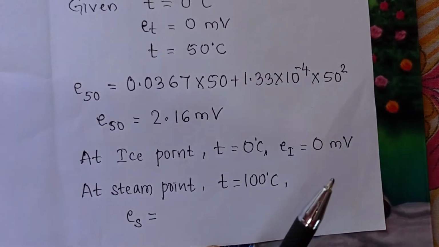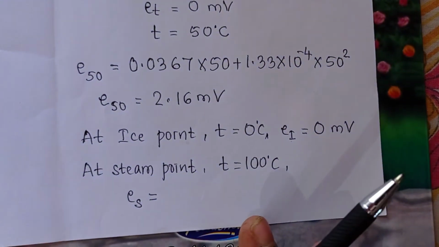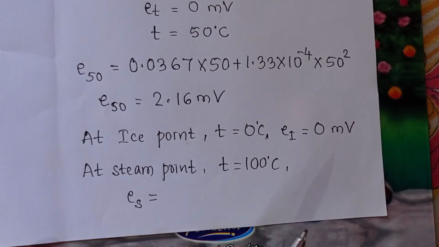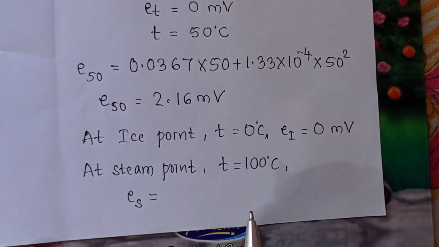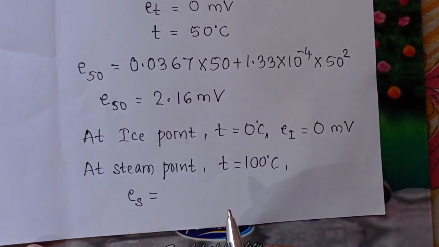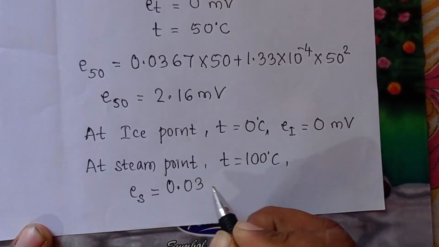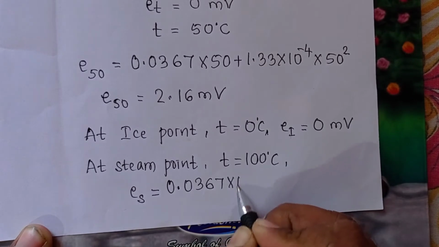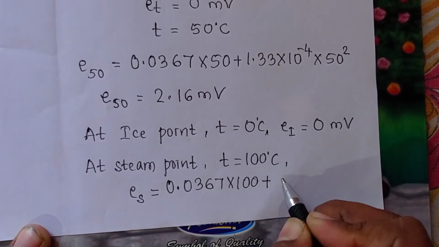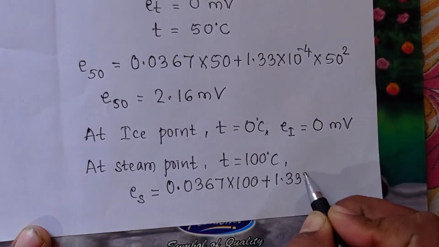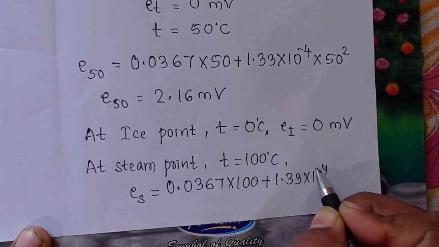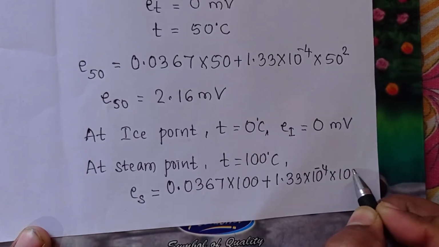For steam point, I cannot write it directly, I need to calculate. So it will be 0.0367 into 100 plus 1.33 into 10 to the power minus 4 into 100 square.